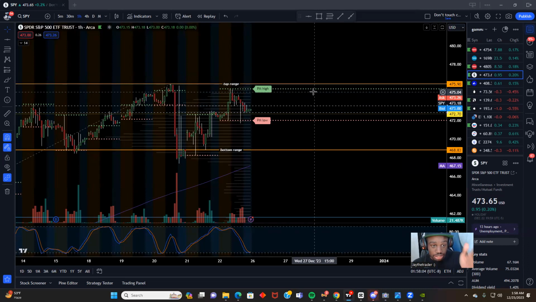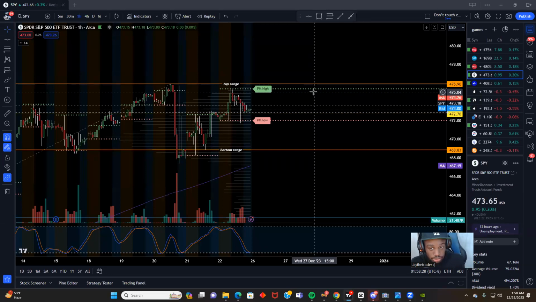You've subtracted the bottom range from your top range, and you've gotten an implied move of $7.07. Now your next step is where the math comes into play even more. You're going to take that same value, that IMV, and add it to your top range to get your mathematical target high, or your mathematical target to the upside.